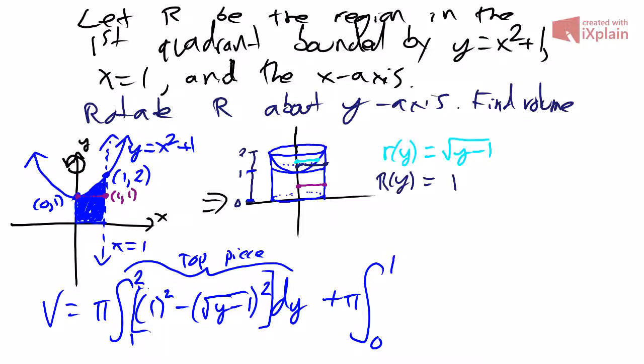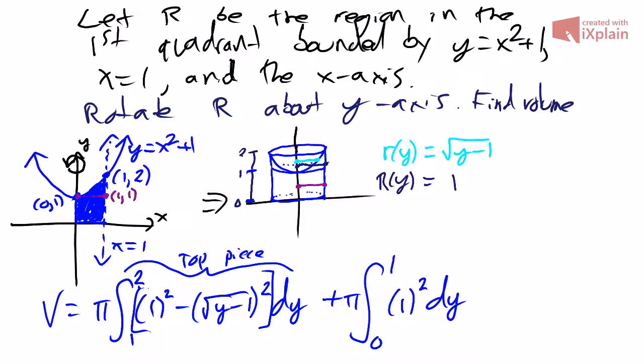You could actually use the volume of a cylinder of height 1 and radius 1 if you wanted to. But let's keep it with the integration, and we'll have a disk integration, and again that outside radius, or say capital R of y, that's still just 1, right? It's held constant.